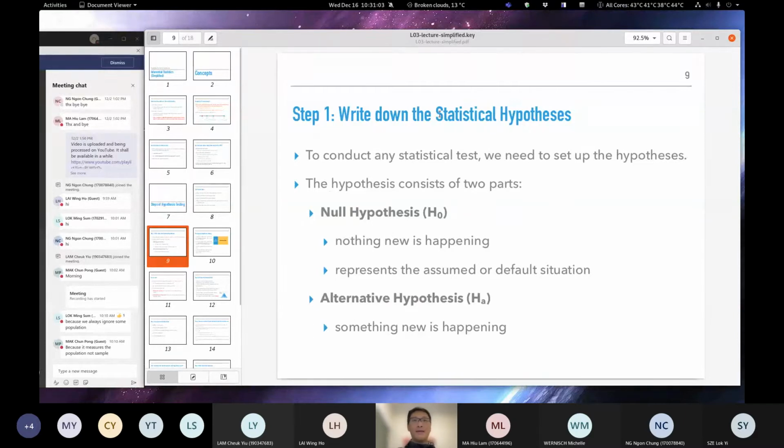Now, first of all, let's talk about the statistical hypothesis. For the statistical hypothesis, actually, we have two parts. The first part is called the null hypothesis. Null means nothing, or symbolically, we can write it as H, and then we have a 0 in the subscript. So we call it H0. The null hypothesis means that nothing new is happening. And it represents the assumed or the default situation.